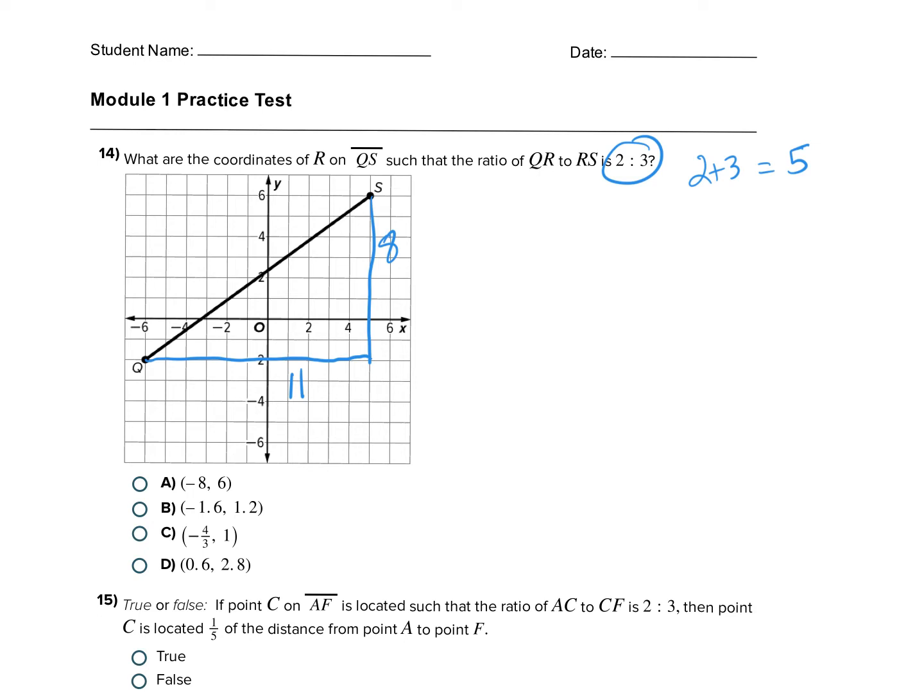So now what we do is we take the total length of each segment and we divide it by the ratio, because I know I have to create 5 congruent pieces with a length of 11, and by doing the division I find out how many units each congruent piece will make up.